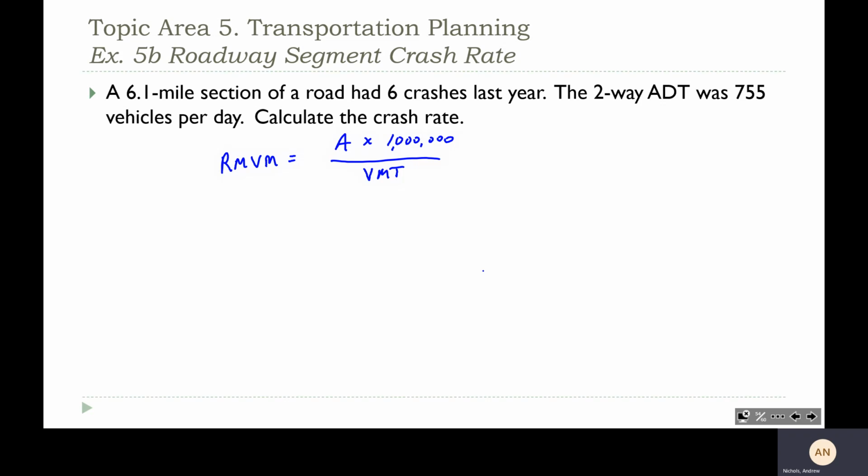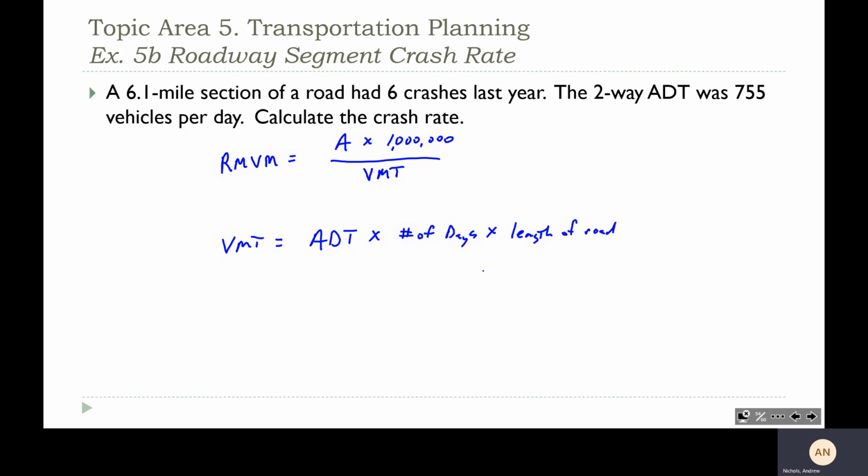The VMT equation given is ADT times number of days in the study period times the length of the road.